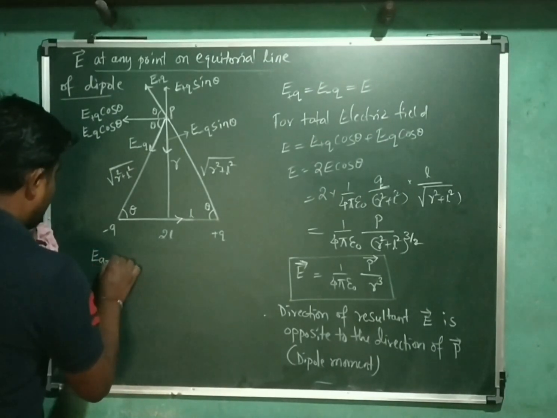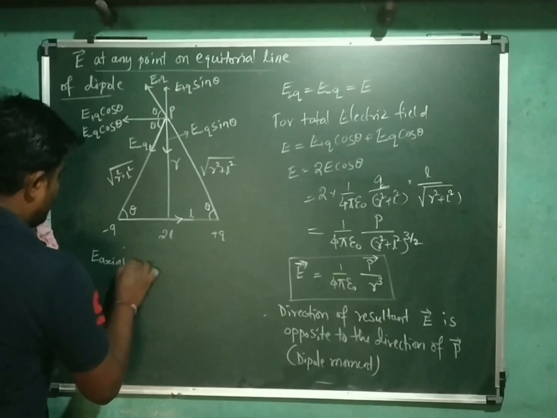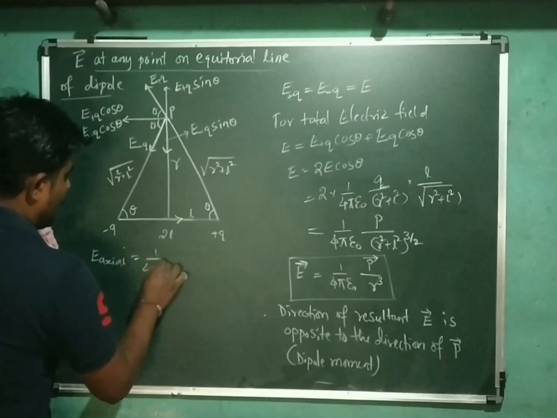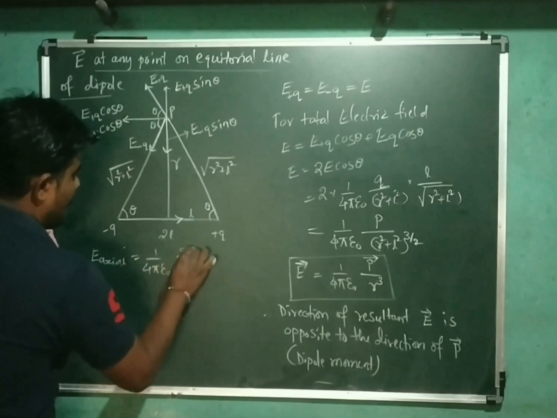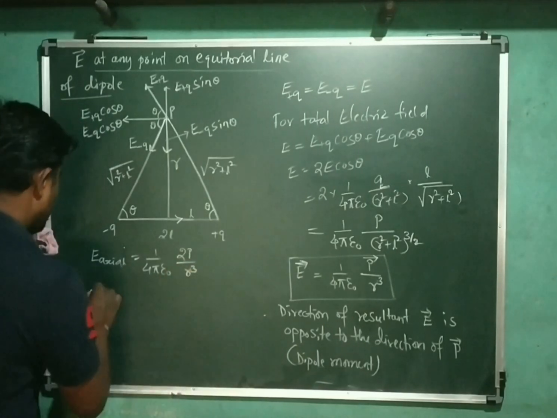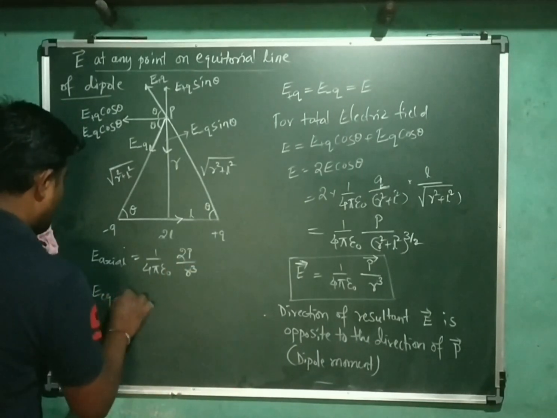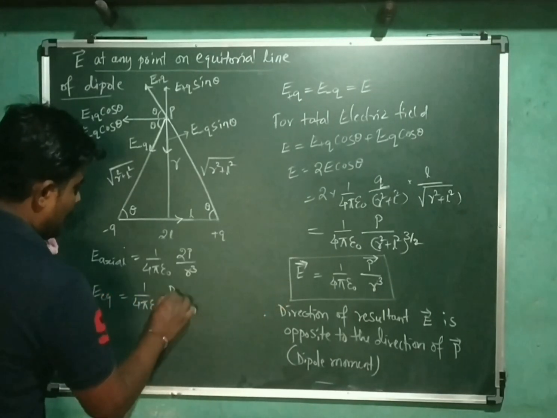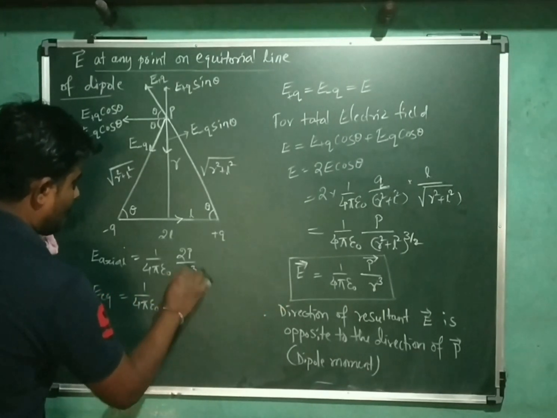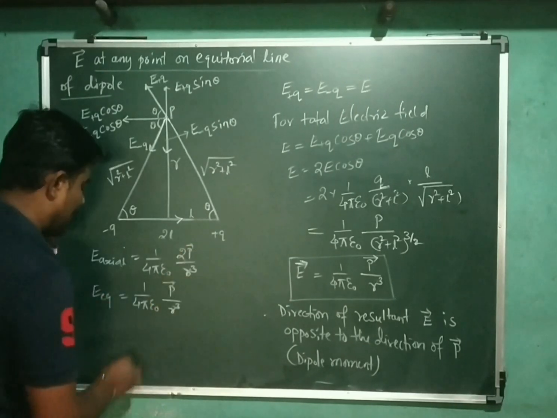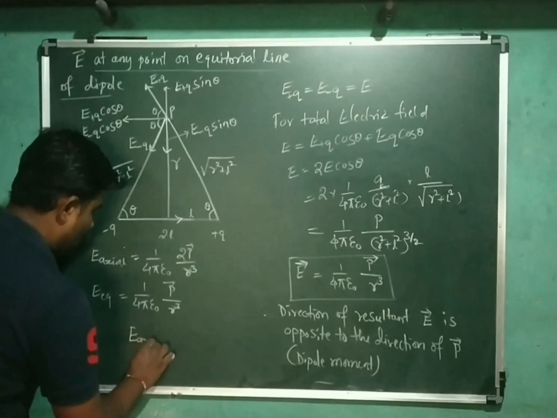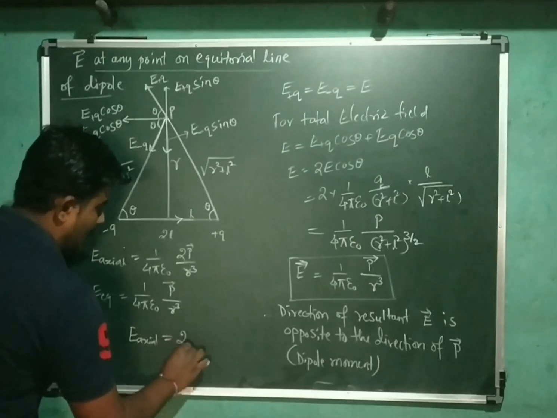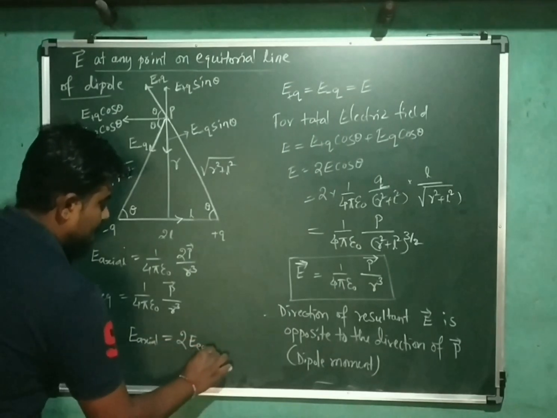E axial is equal to 1 divided by 4 pi epsilon naught 2p divided by r cube, and E equatorial is equal to 1 divided by 4 pi epsilon naught p divided by r cube. By these two I can write E axial is equal to 2 times E equatorial.